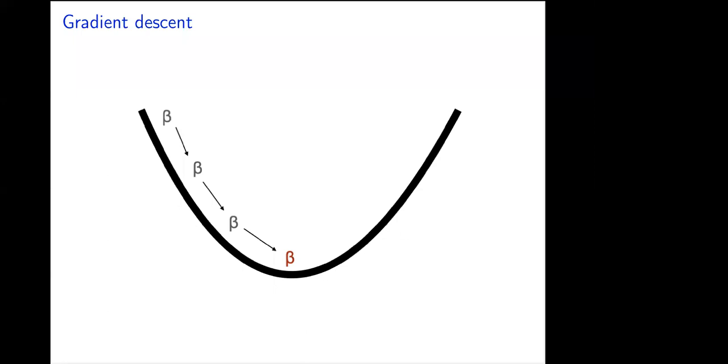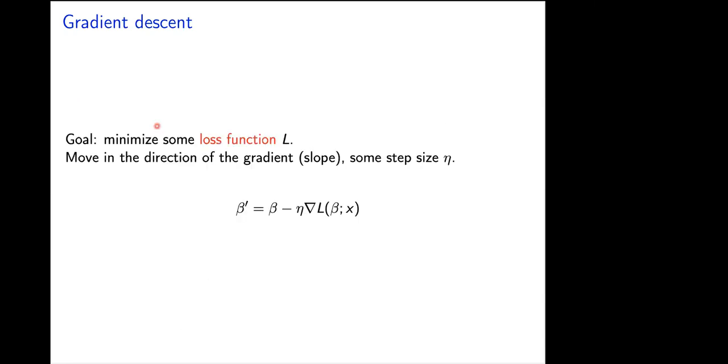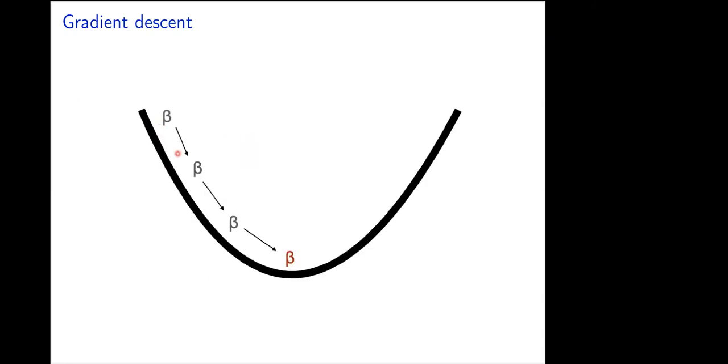Basically, you might start out with some randomly picked beta. Doesn't matter what it is particularly. I mean, it does, but that's way outside of the scope of this. But let's say you pick some random value for beta, and then you take the derivative so that you can figure out which way is down. So you go down, down, down, and then you get to a point where the derivative is 0 and you can't really go down anymore.